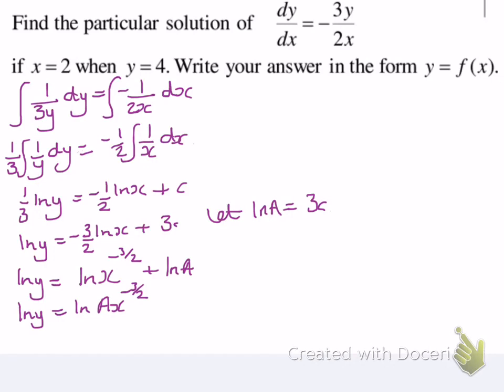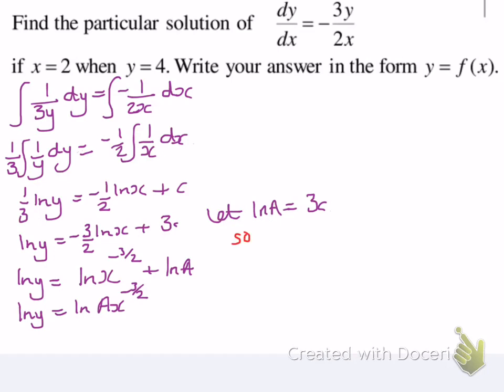Right, so we're now told that we need to find a particular solution. And we want to find y when x equals 2 and y equals 4. So I can work out what my a is.